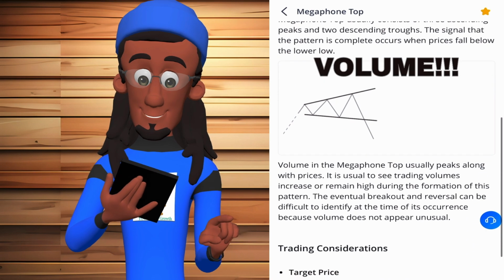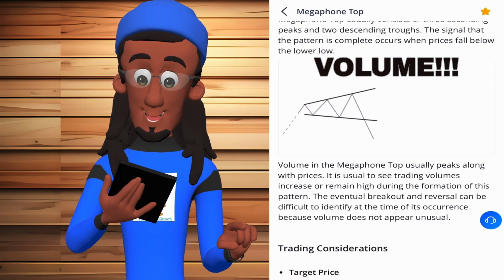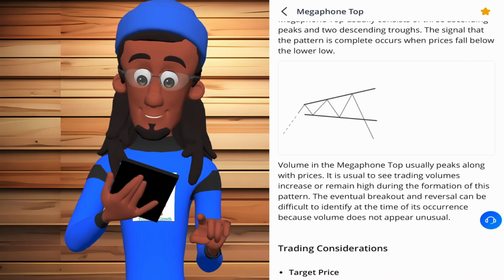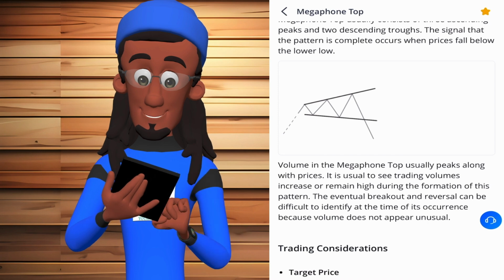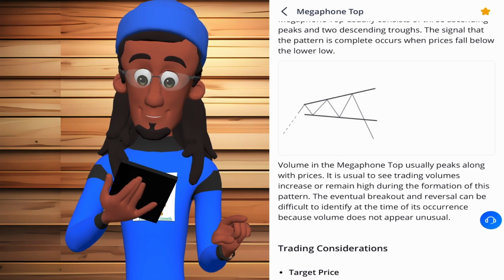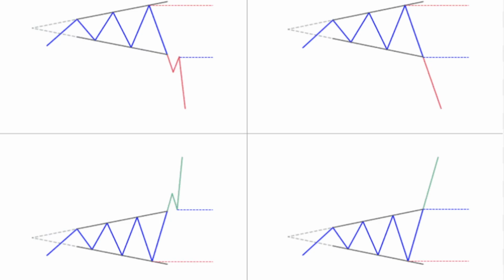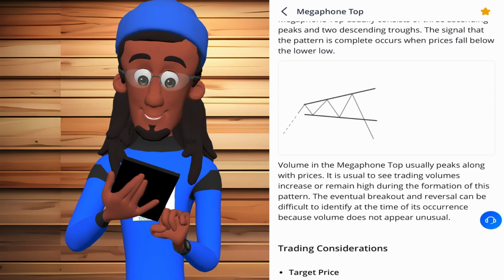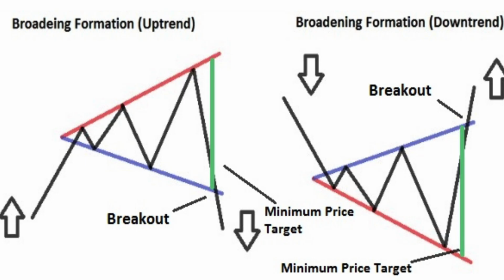Volume in the Megaphone Top usually peaks along with prices. It is usual to see trading volumes increase or remain high during the formation of this pattern. The eventual breakout and reversal can be difficult to identify at the time of its occurrence because volume does not appear unusual.